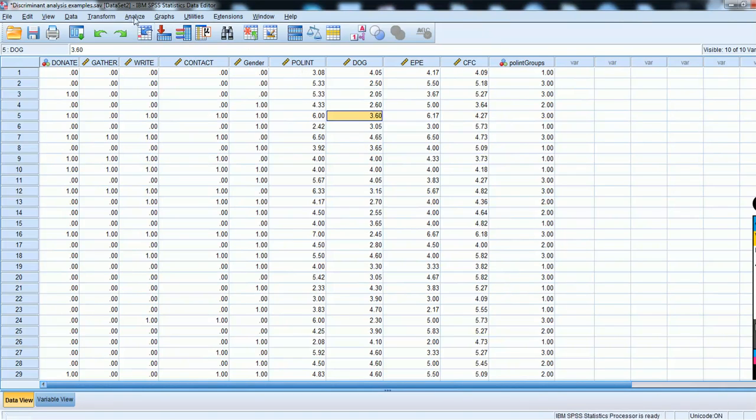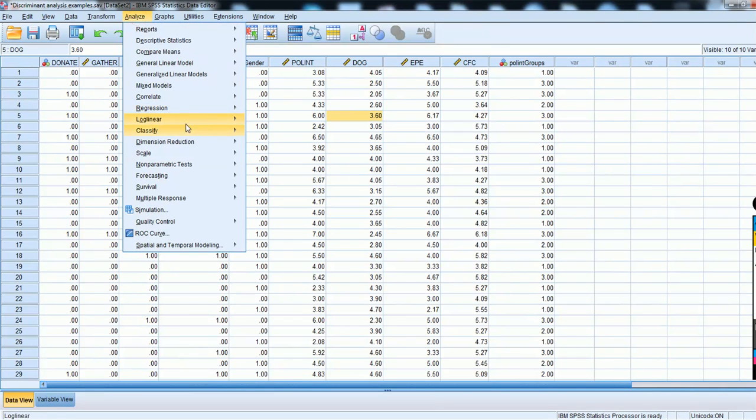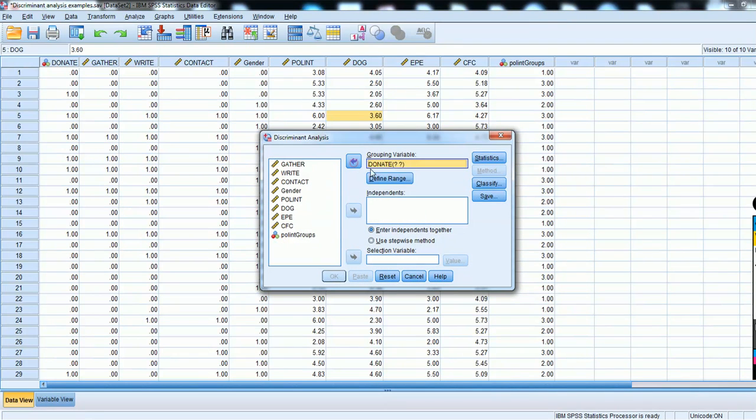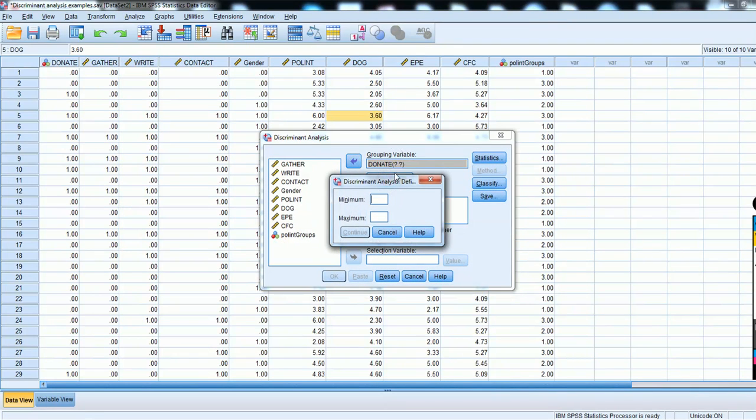what I did when I ran the analysis, I just went through Analyze, Classify, Discriminant. I put my dependent variable into the grouping box, indicated my minimum and maximum values on the dependent variable.